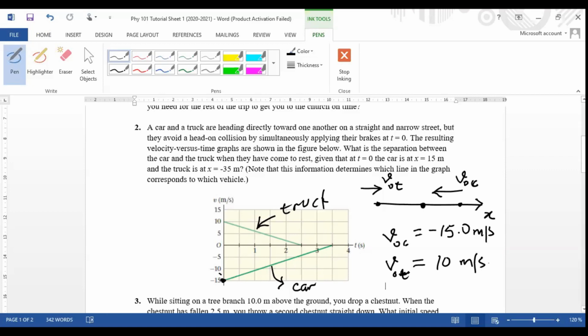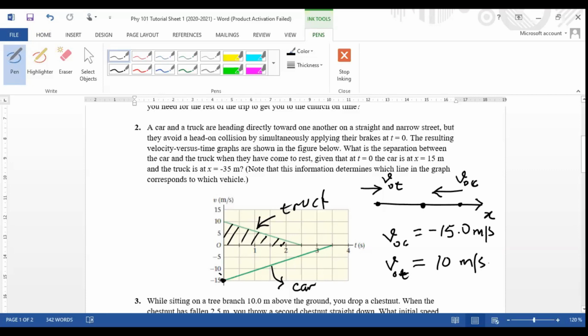The other thing that we want to find from the graph is the distance traveled. You see, just after the point where this one starts slowing down, the velocity is reducing. You know that the area under the curve represents the distance that was traveled.